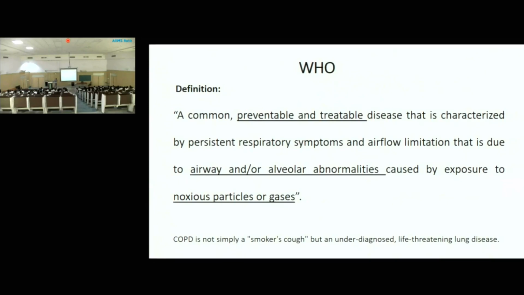Most commonly it occurs due to smoking or tobacco, right? So COPD is not simply a smoker's cough, but an underdiagnosed and life-threatening lung disease, as it is the third cause of death all over the world, followed by ischemic heart disease.